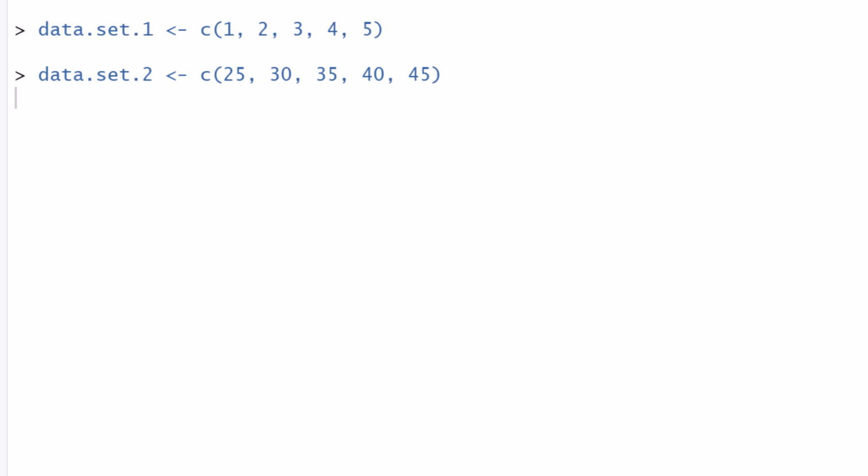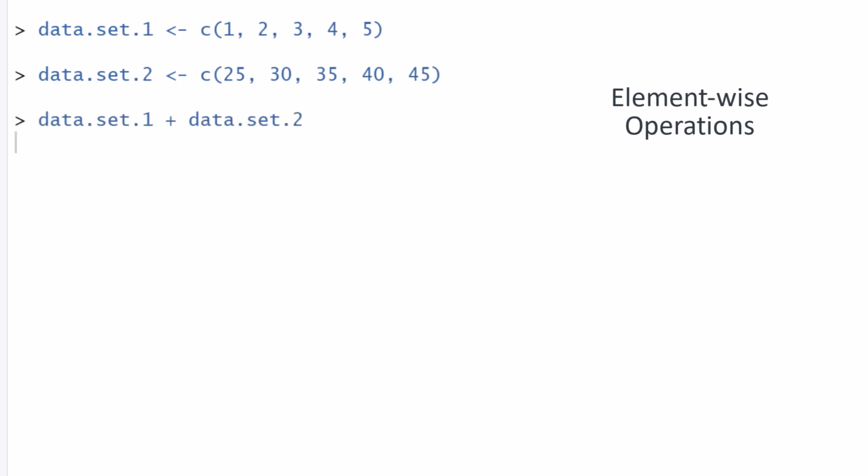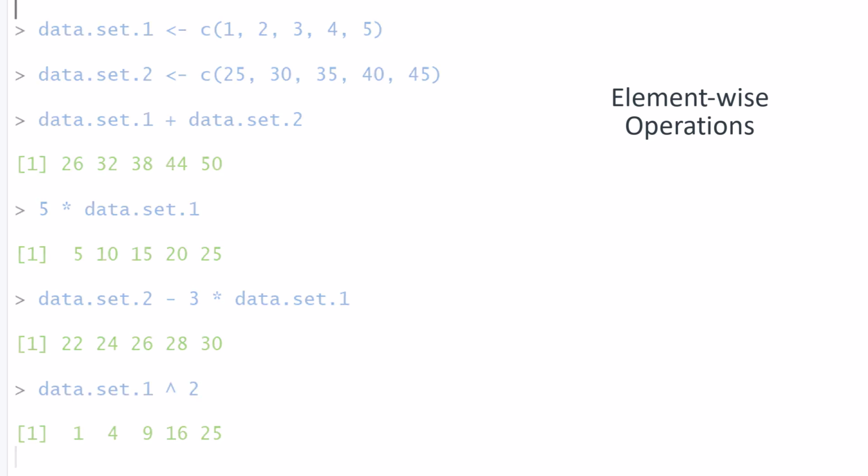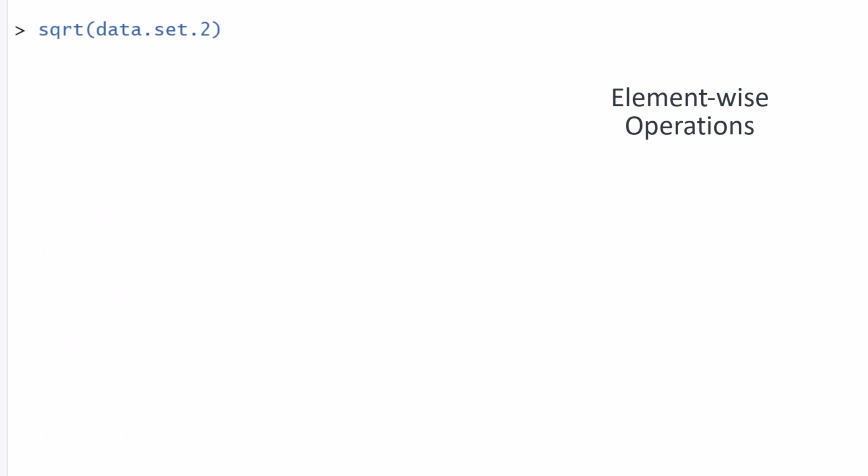With these vectors, we can perform element-wise operations, such as adding elements from both vectors, multiplying dataset1 by 5, combining operations, such as dataset2 minus 3 times dataset1, or squaring a dataset, or taking the square root of a dataset.